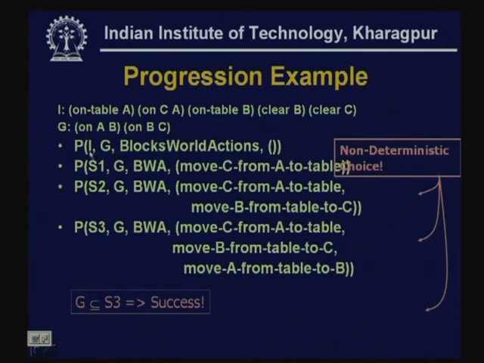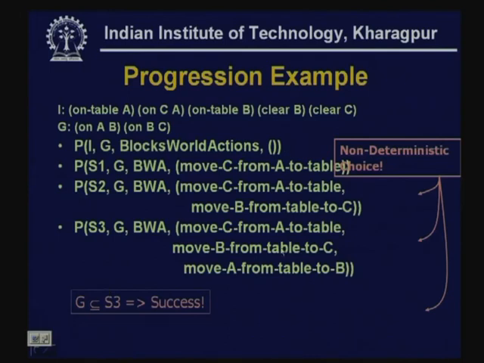So, from the initial state, by taking the actions move C from A to table, then move B from table to C, and then move A from table to B, the agent can reach a state in which the goal is satisfied, and this is a case of success for the agent.